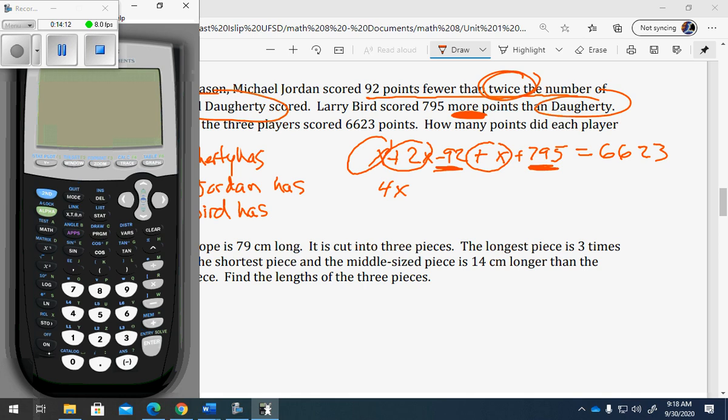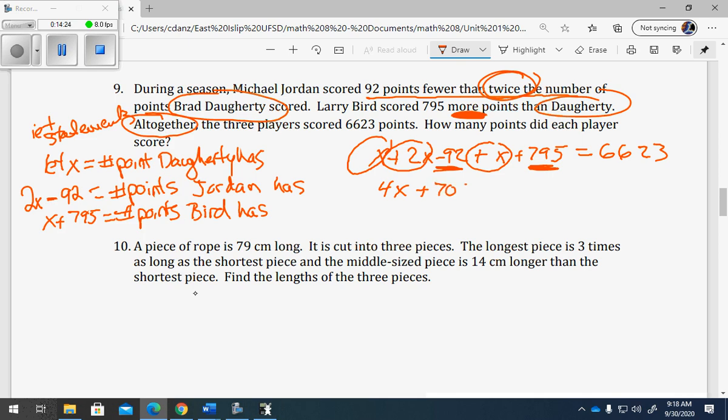So negative 92 with 795 is 703. So let's subtract 703 from both sides. And then let's divide by 4.